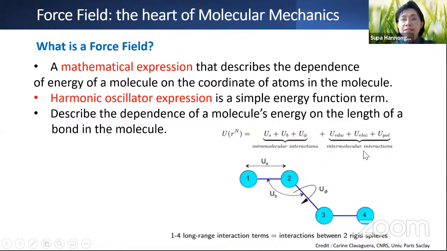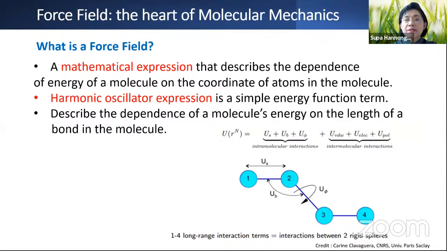You can see from this structure, this is the second time that I show this picture. It's simple and very important. Two atoms are connected by a bond. And if we have another atom, it can have an angle.